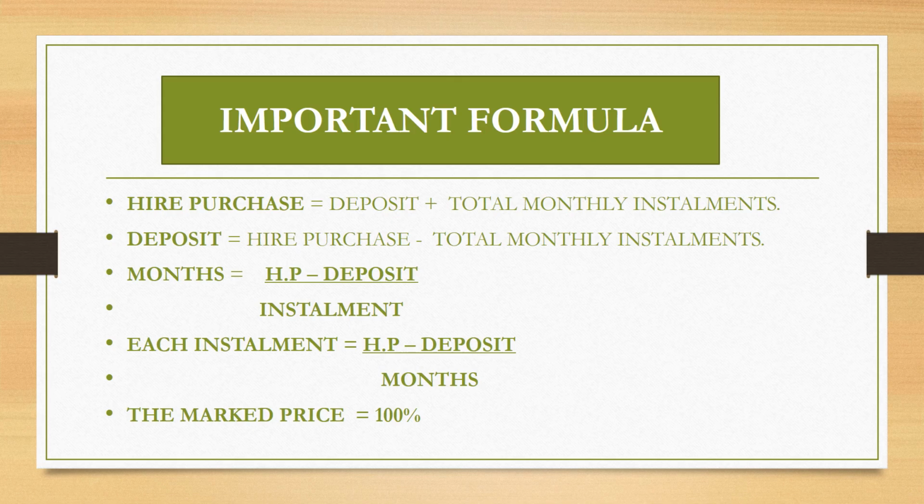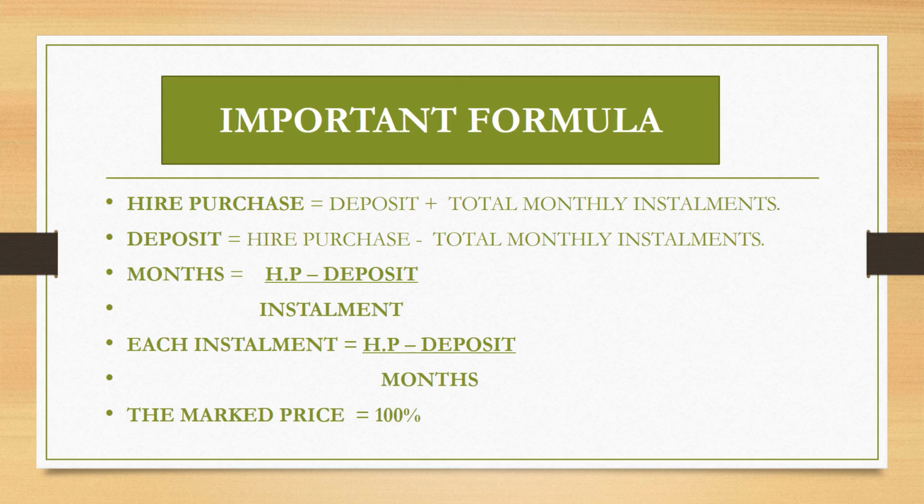What you need to also stick in your mind is that the market price is the original price. Sometimes, if there is no discount, we can also call it the cash price. So the cash price and the market price is always 100%. Remember, the cash price is only 100% if there is no discount being given.